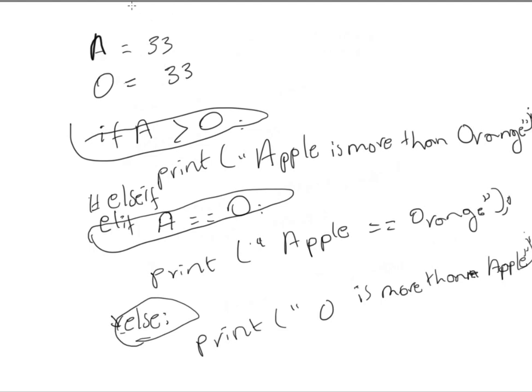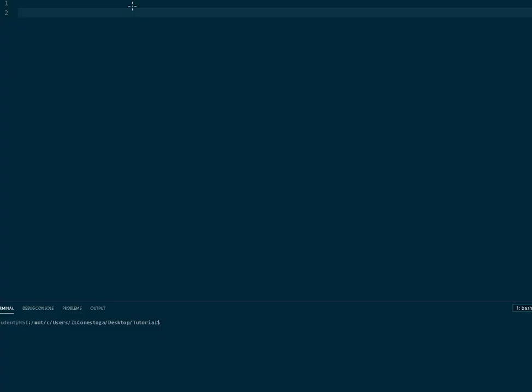Okay, now we're going to look at the code. So let's see in our code, and this is how we can compare. We initialize the variable a as 33 and b as 33.